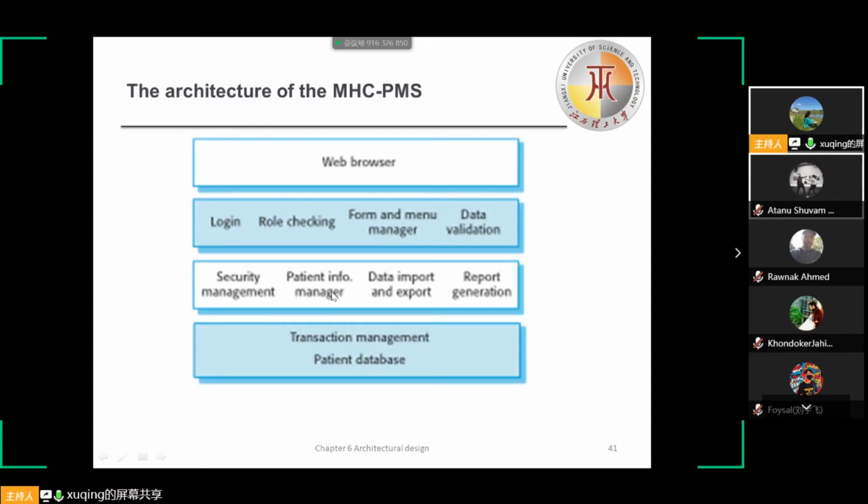You see here the top layer is responsible for implementing the user interface. And in this case, the user interface has been implemented using a web browser. The second layer provides the user interface functionality that is delivered through the web browser.